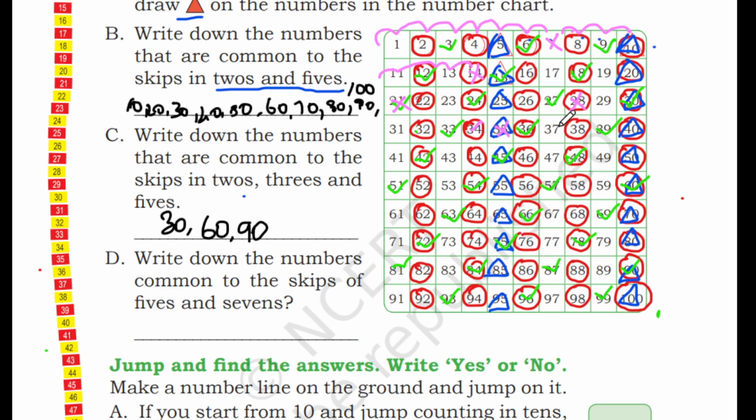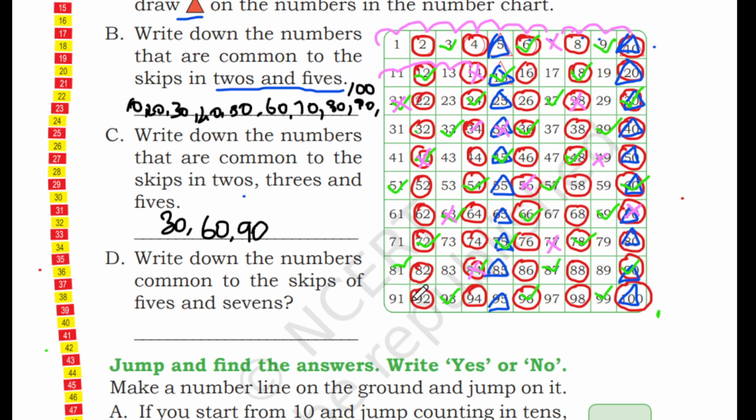Again 1, 2, 3, 4, 5, 6, 7, you reach 42. The next one, 49. Then 56, 63, we have 70. From 70 we have 77. 7 11s are 77. Then we have 84.